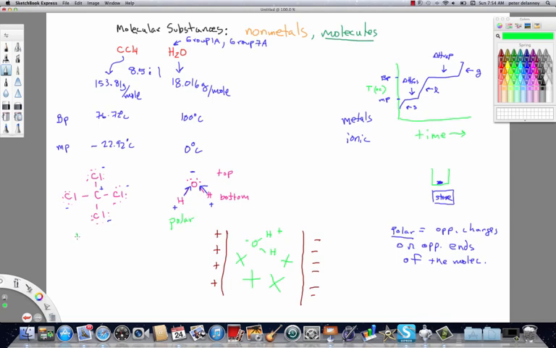The carbon tetrachloride molecule is nonpolar. All right? Nonpolar forces are much weaker than polar forces. All right? Much weaker.